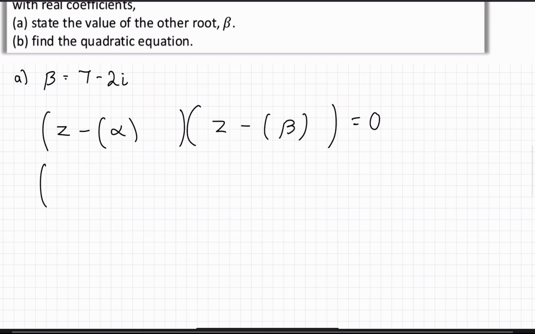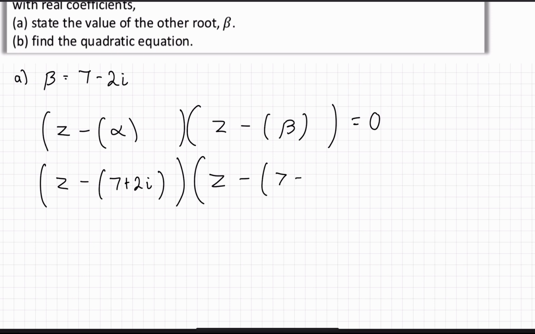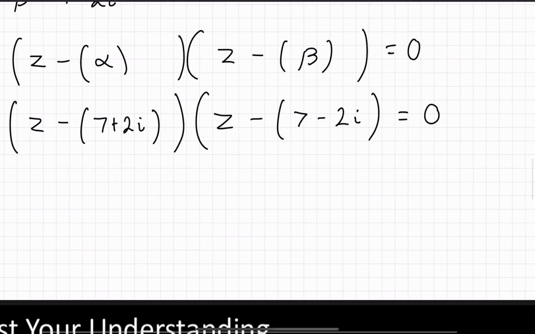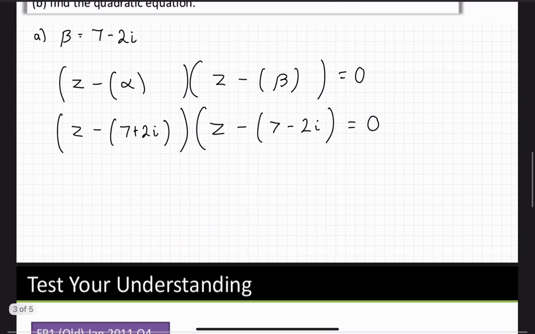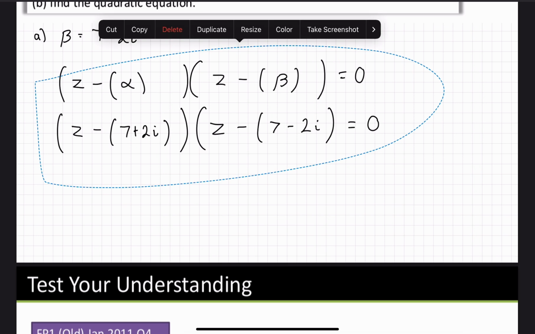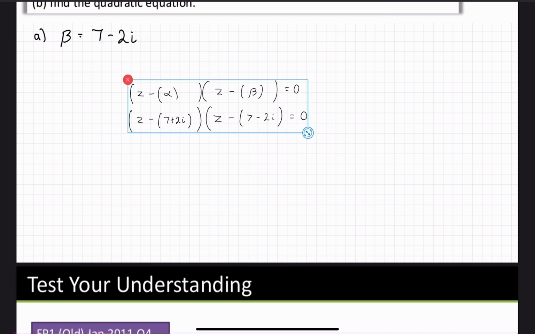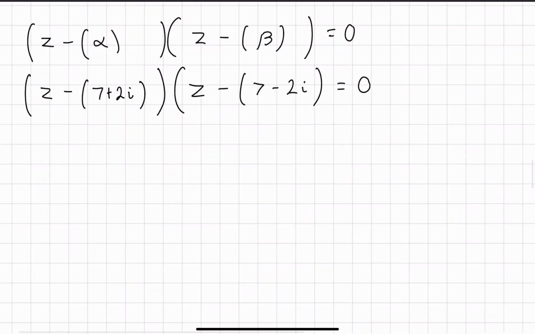So I'll get the following: z take away alpha would be 7 plus 2i, and z minus beta 7 minus 2i. That equals 0. I'm just going to make this a bit smaller. So we're going to multiply it out.